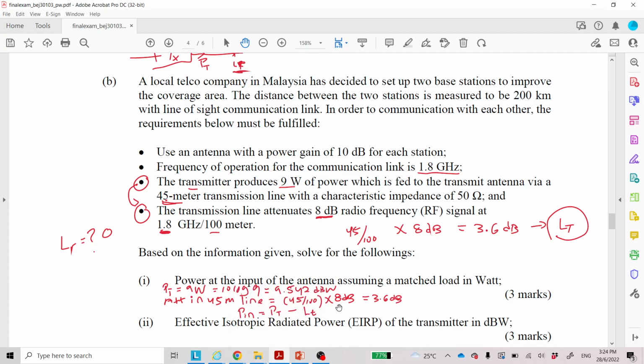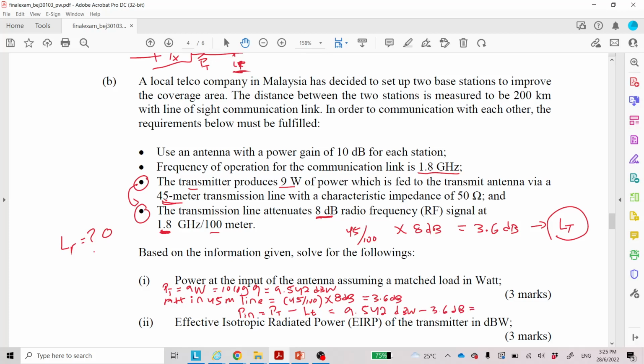So this is equal to 9.542 dBW minus 3.6 dB.